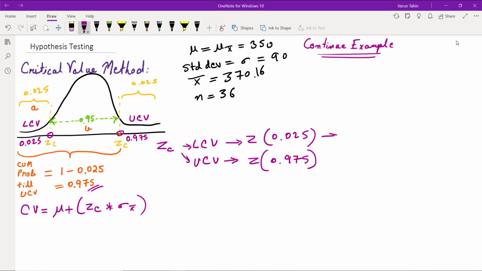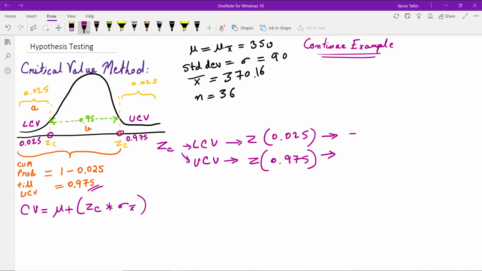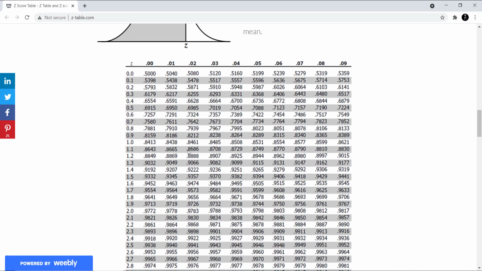Now in order to find the values from the Z table, we will navigate to 0.025 in case of LCV. So we will find 0.025, which is this one. So it is minus 1.96. Here we will mention minus 1.96, and for the other one we'll go to the positive table and check where the cumulative probability is 0.975.